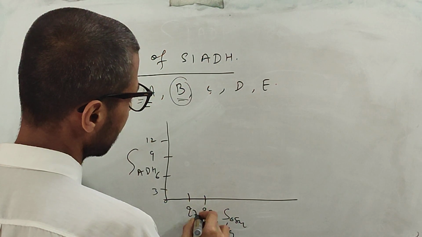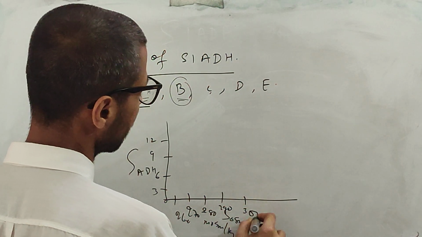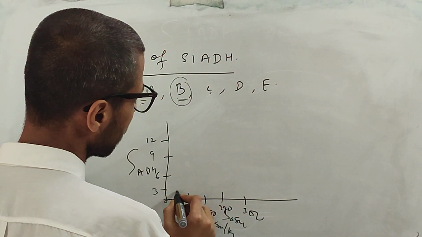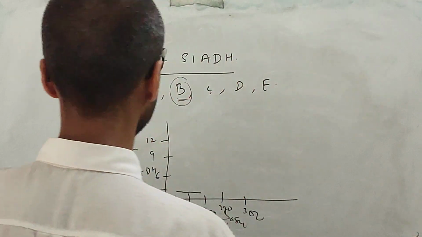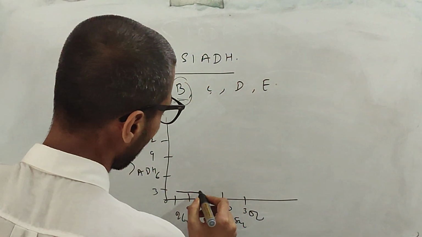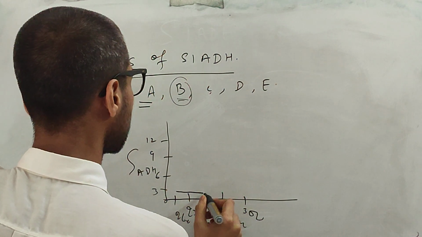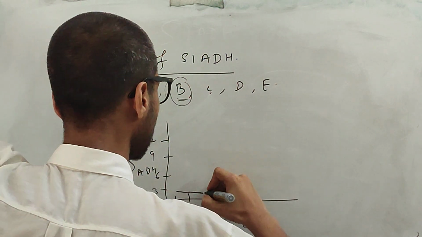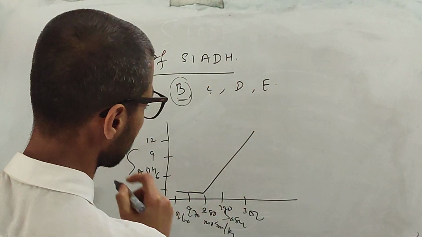This is 270, 260, 290, 300. Initially there is a low amount of ADH in the serum. But normally when it crosses 280 milliosmol per kg serum osmolality, then ADH peaks. There is a sharp increase in ADH level.